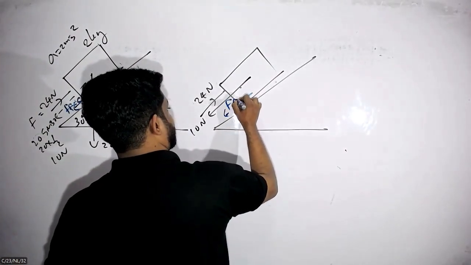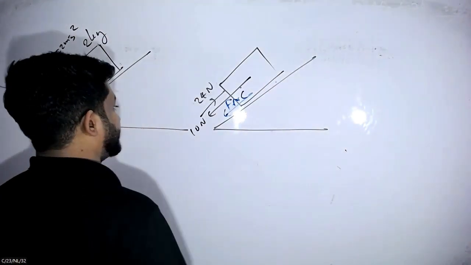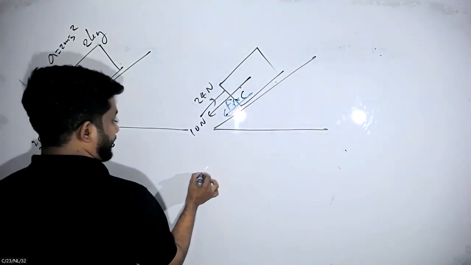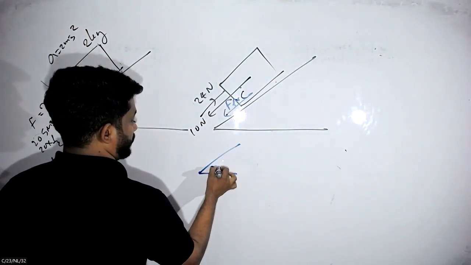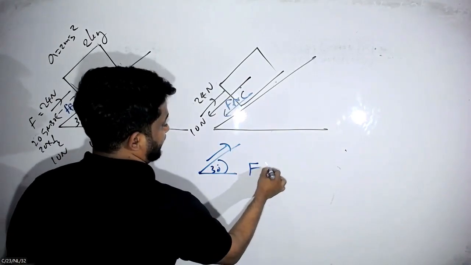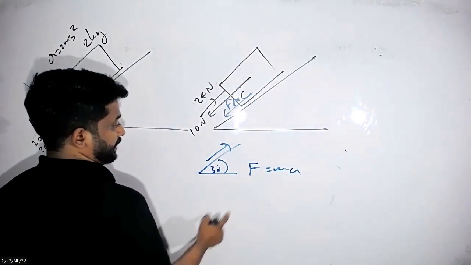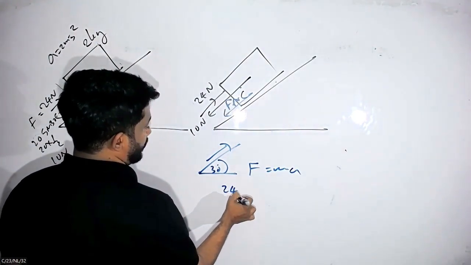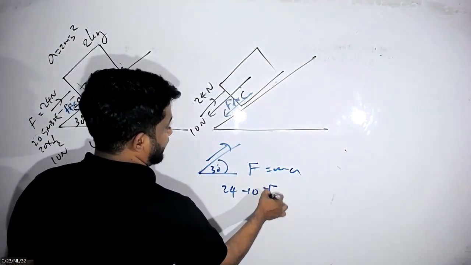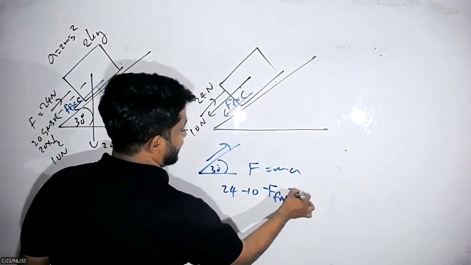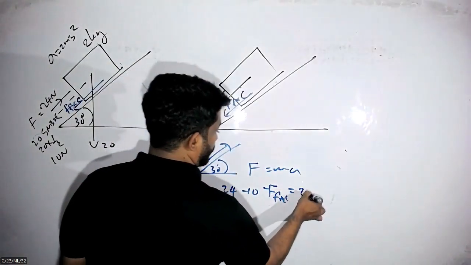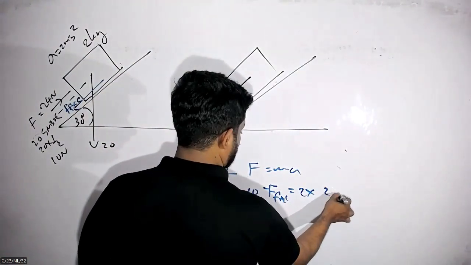F friction. To identify this force, you can apply Newton's second law parallel to this inclined plane. F equal ma. 24 minus 10 minus F friction is equal to 2 into acceleration is 2.